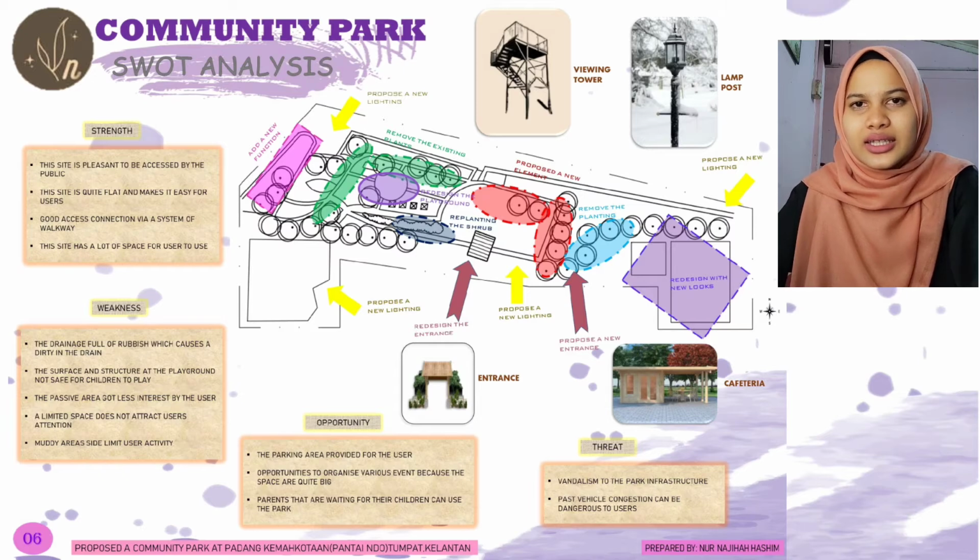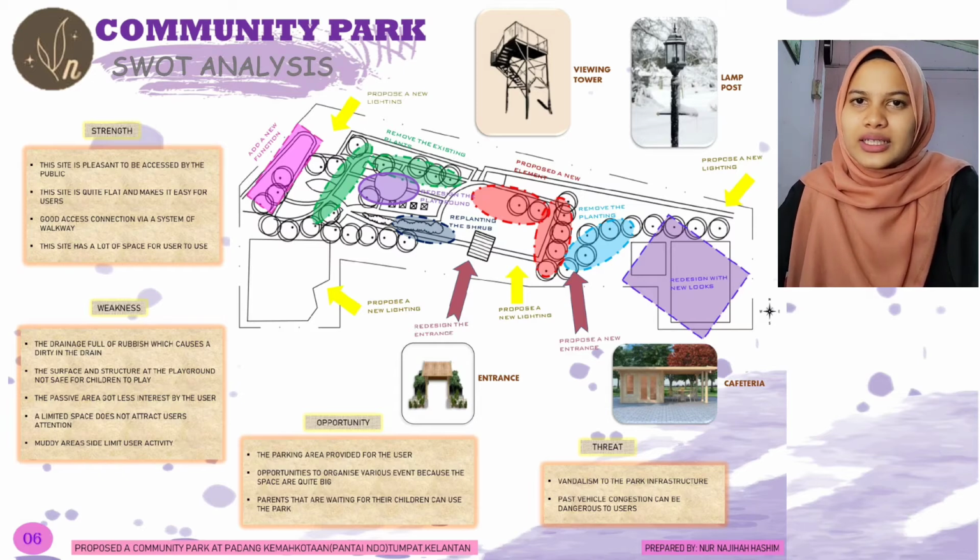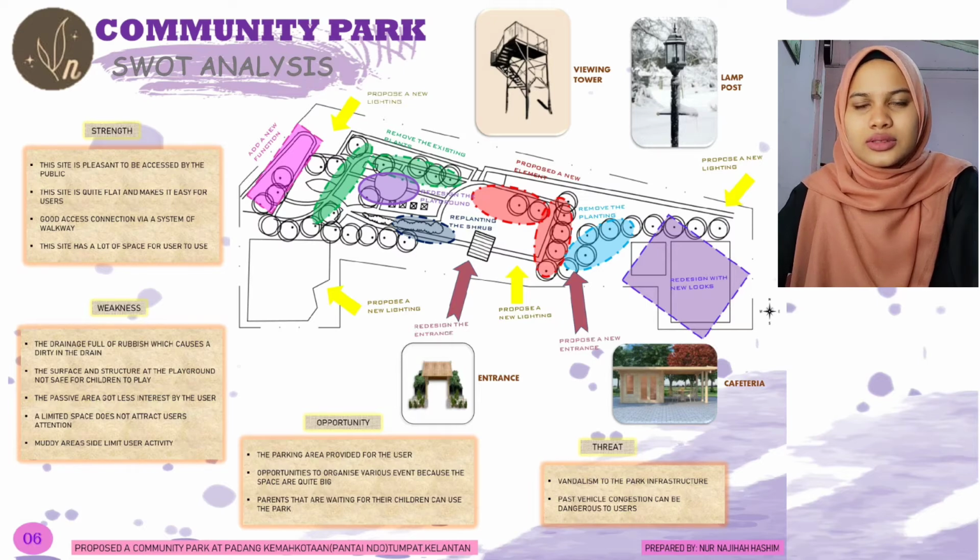Then redesign the playground, replant the shrubs with new shrubs, and propose a new element at the semi-active area. Then remove the planting at the passive area, and also redesign it with a new look.